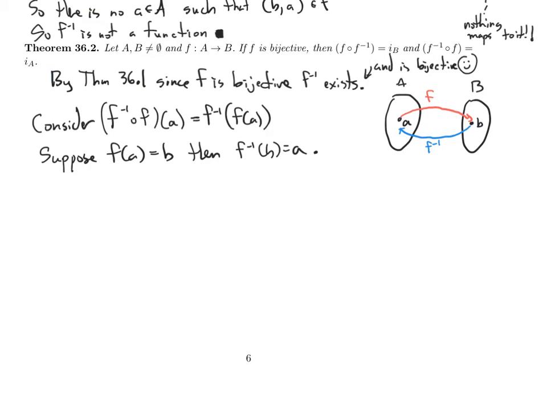So what does that mean? F inverse of F of A equals F inverse of B, which equals, of course, A. So F inverse of F of A equals A.